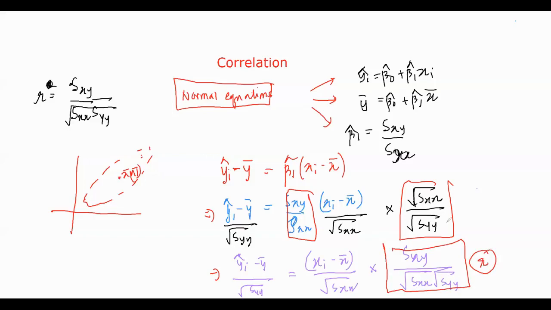So why does it come naturally? If you can read the equation, it means this. Let's call the standardized yi, syi, and let's call sxi the standardized x. Observe that syi is actually r times sxi.